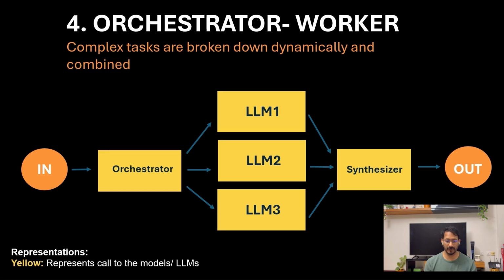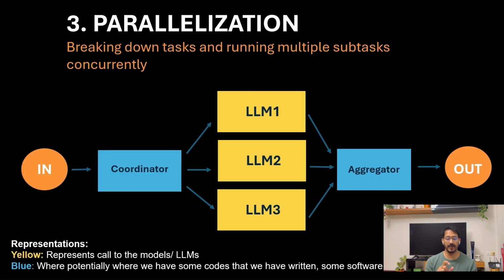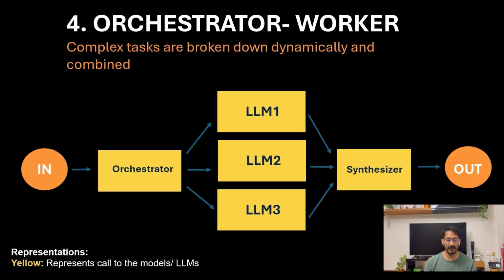In parallelization, the coordinator and aggregator are code, where we define how the task is to be distributed and broken down and given to each of these LLMs. But in the orchestrator-worker pattern, the orchestrator chooses what task is to be done and which task is to be given to which LLM, and then the synthesizer stitches the output together to give us a combined work.